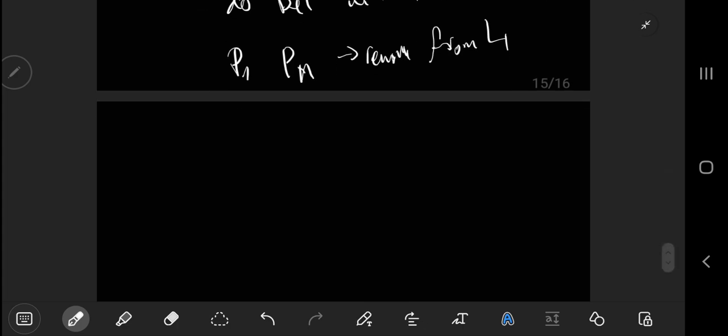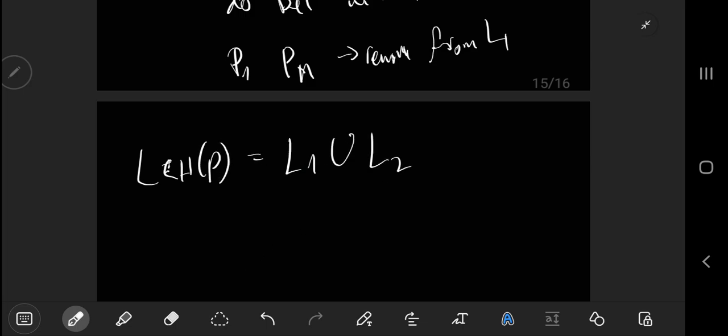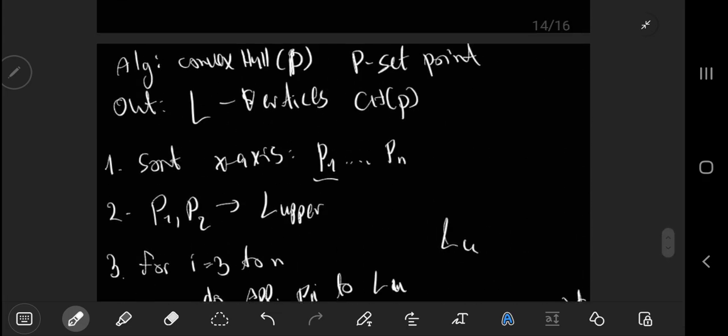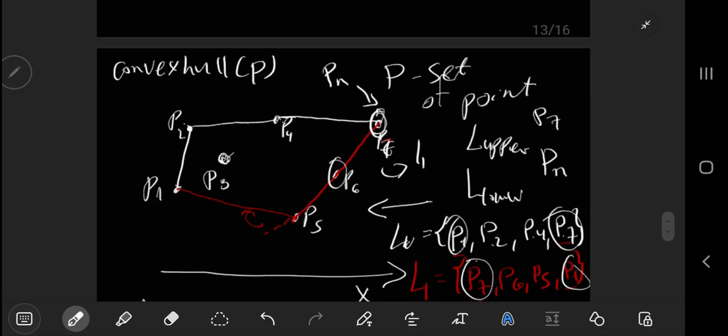And then after we do that, we will append: the list L of the convex hull of P equals L upper with L lower. We append them both, resulting in our list, and we return this list, which contains the vertices of the convex hull of the set of points.